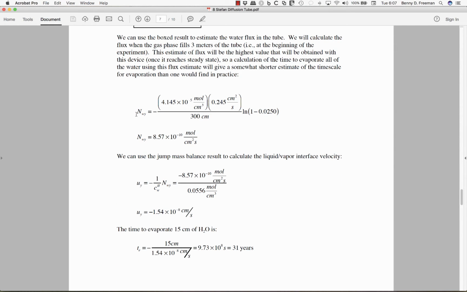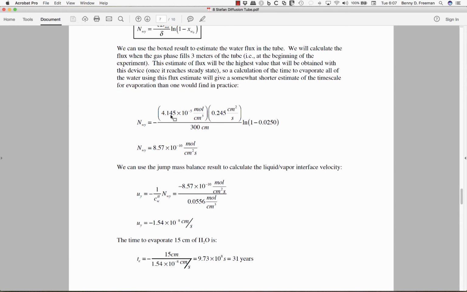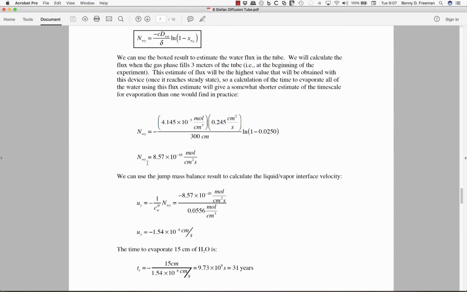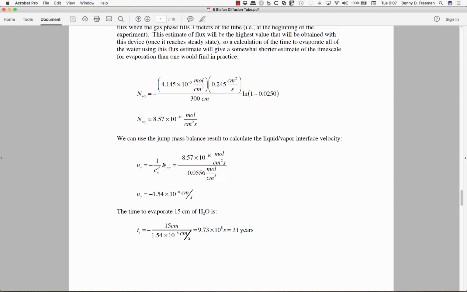So we put in numbers for the flux of water because we know the molar concentration. We calculated that above. We know the diffusion coefficient of water and air. We know the gas phase distance, 3 meters, and we know the mole fraction of water at the gas-liquid interface. It's 2.5 mole percent, and so that gives us an explicit expression for the flux of water.